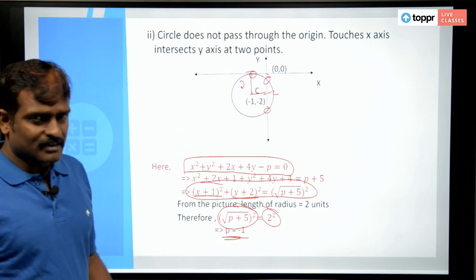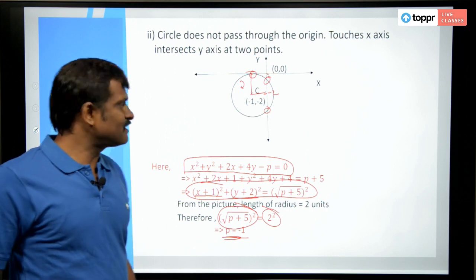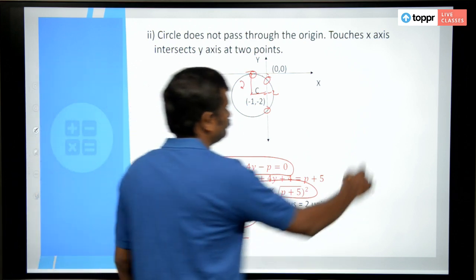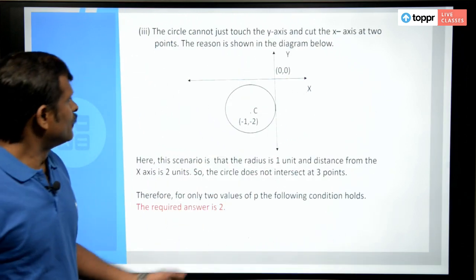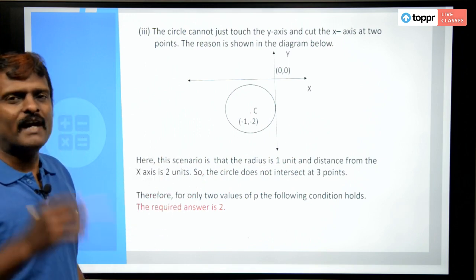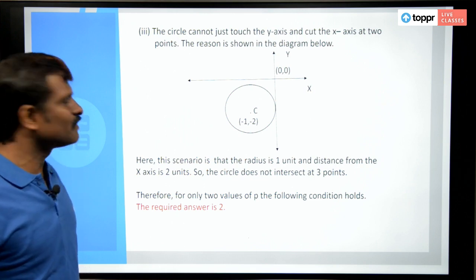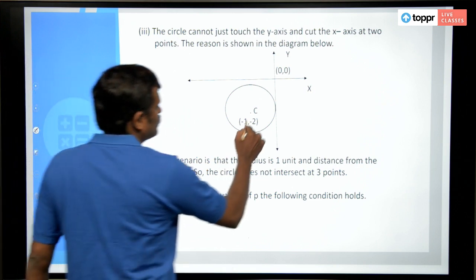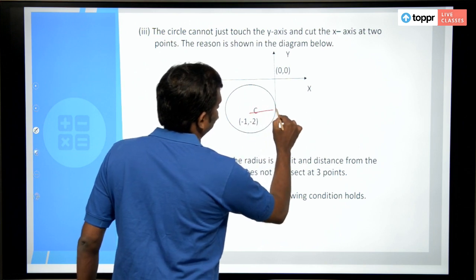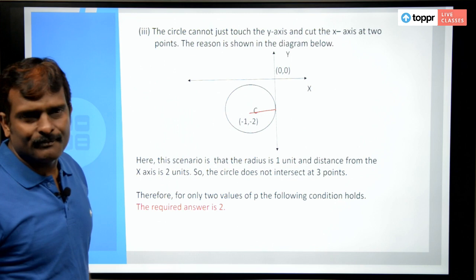Next case, we discussed three cases, right. What is the third case here? It is intersecting x axis and touching y axis. Let me show it to you. This will be the case if it is touching y axis and it has to intersect x axis. Is that possible? If I am touching y axis, what would be my radius there?